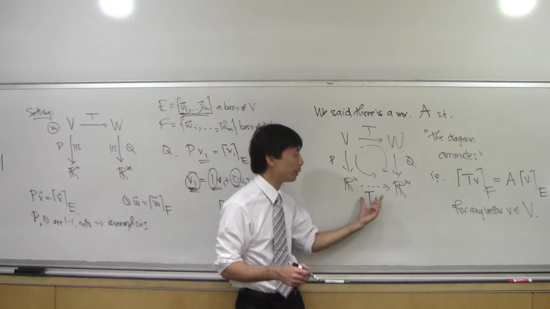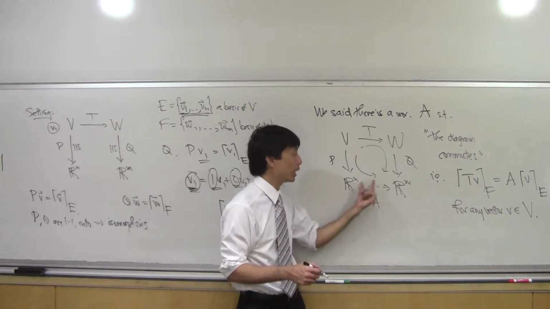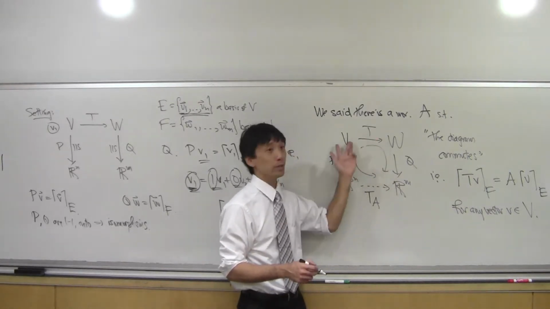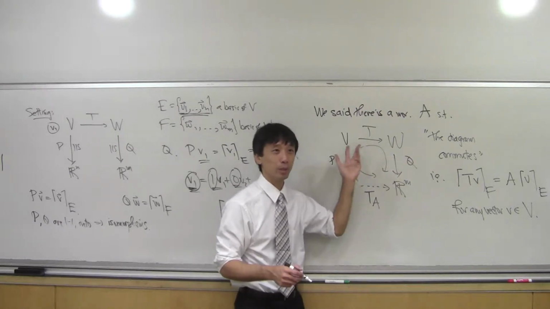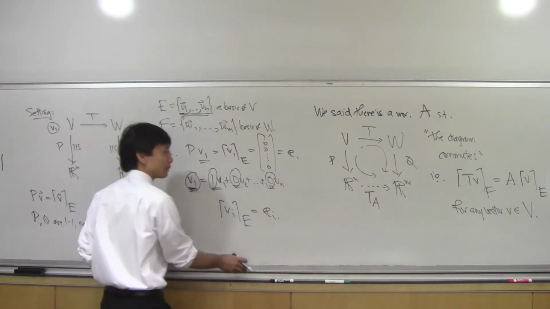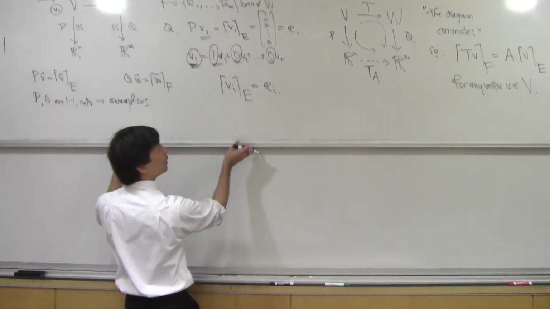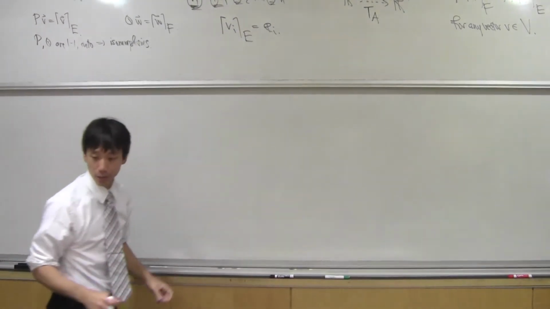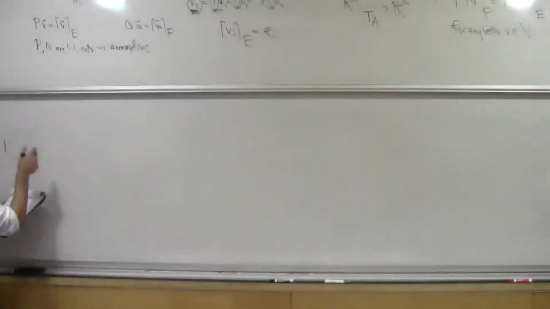You're looking for the matrix that does from Rn to Rm what T does from V to W. So it's like a parallel world or something. So how do we get that matrix? How do we get A?